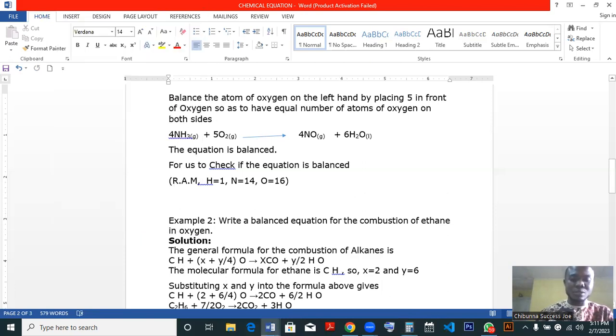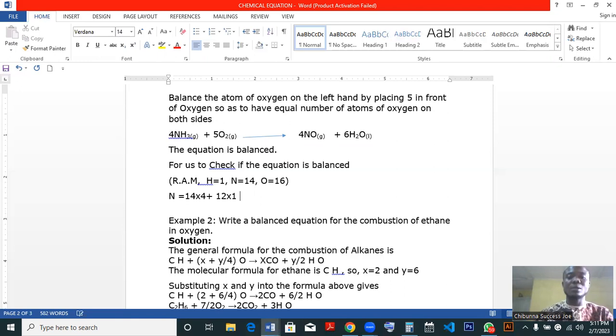So nitrogen is 14 times 4, plus we have 12 atoms of hydrogen because of this 4. 4 times 3 is 12. And we said that hydrogen is 1. That is 12 times 1.